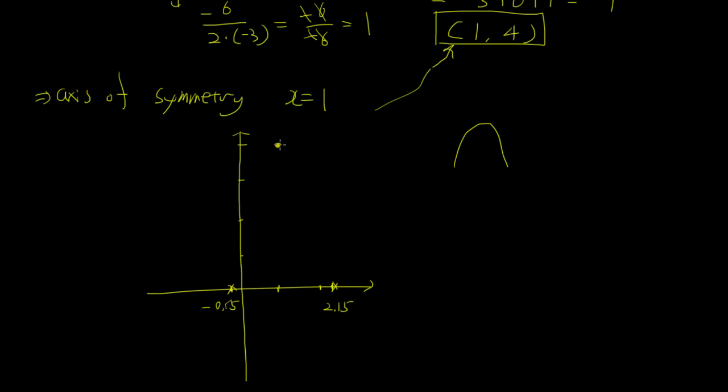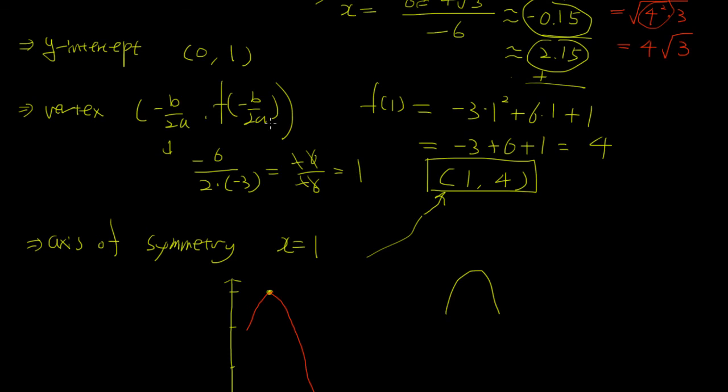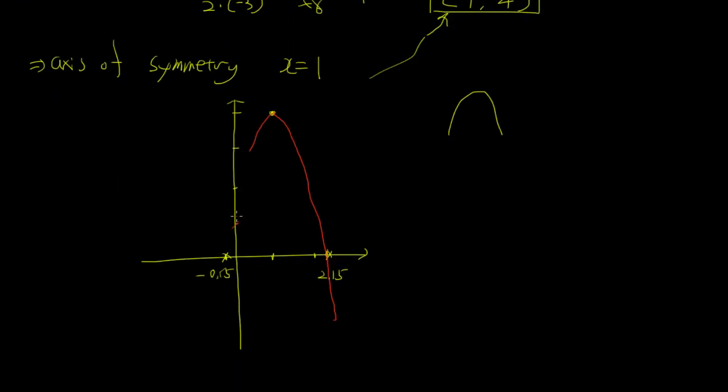So the graph is going to go down, hit that point, it's going to go down. And what was the y-intercept? Y-intercept is 0 and 1, so it's going to hit this point. Right? It's going to hit this point, then this point, and goes down like that. And of course, the axis of symmetry is right in the middle, like that.